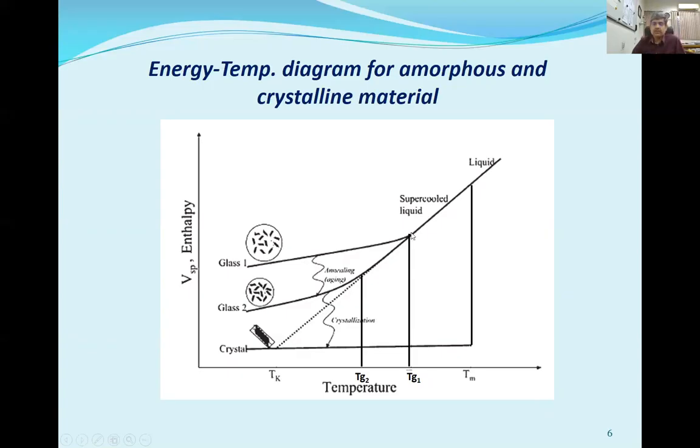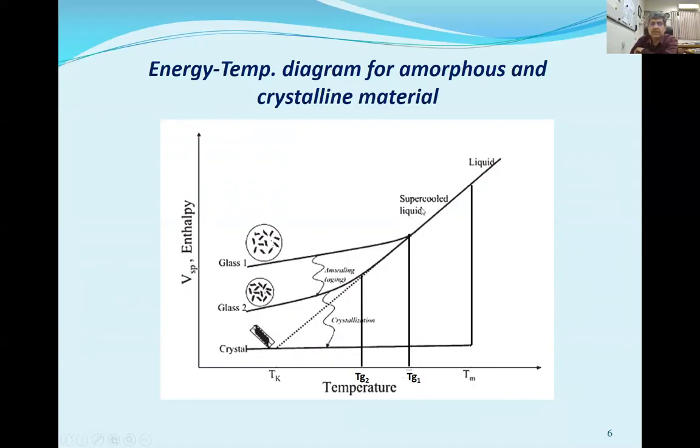Now, if you keep on cooling this further, at some temperature it will deviate from this equilibrium line. For example, it is doing it here and it is also doing it here. And this point of deviation from the equilibrium state is called the glass transition temperature.